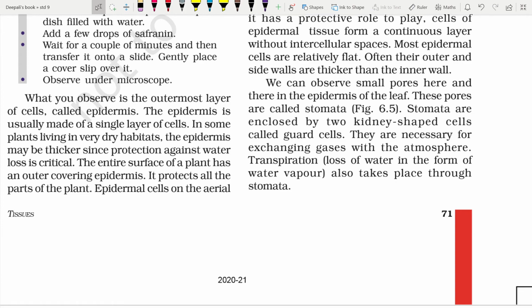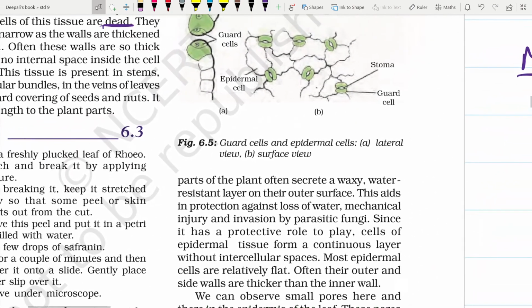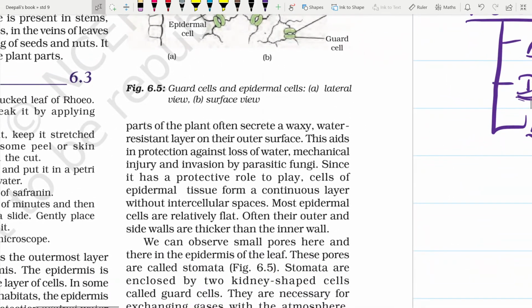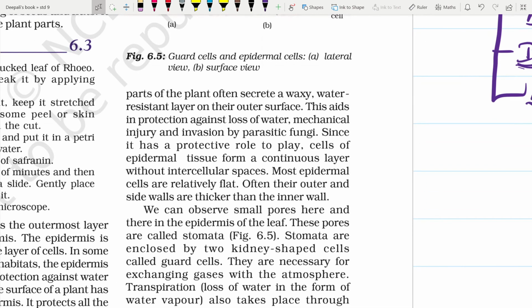It protects all the parts of the plant. Epidermal cells on the aerial parts of the plant often secrete a waxy water-resistant layer on their outer surface. This aids in protection against loss of water, mechanical injury and invasion by parasitic fungi. Since it has a protective role to play, cells of epidermal tissue form a continuous layer without intercellular spaces.